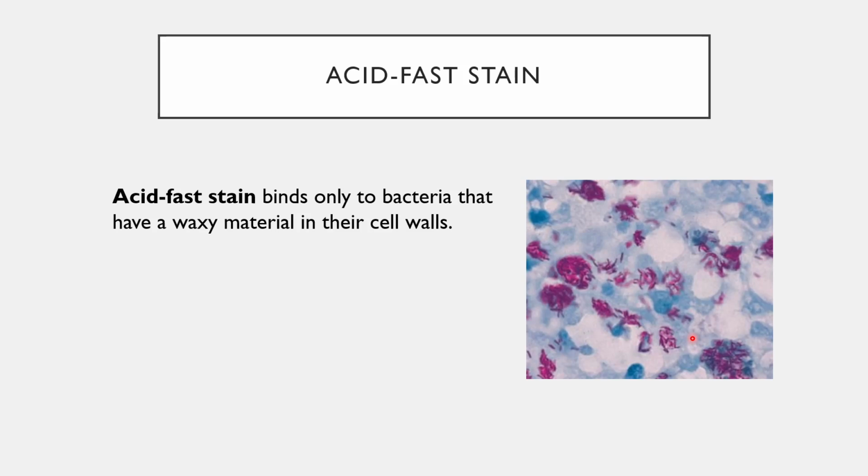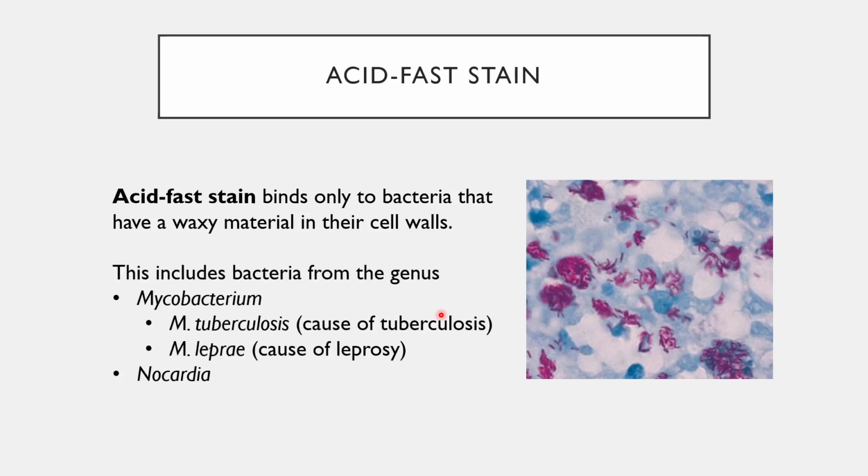Acid-fast stains are used to identify bacteria that have waxy material in their cell walls. This particularly includes bacteria from the genera Mycobacterium and Nocardia. Mycobacterium is a genus that includes two important human pathogens, Mycobacterium tuberculosis, which is the cause of the respiratory disease tuberculosis, as well as Mycobacterium leprae, which is the cause of the nervous system disease leprosy.